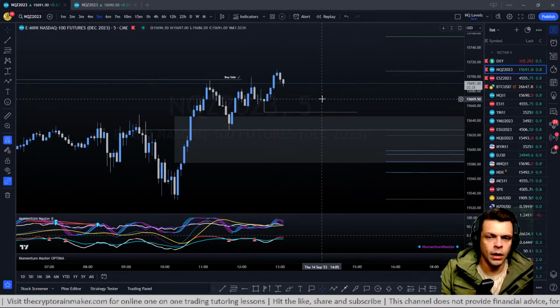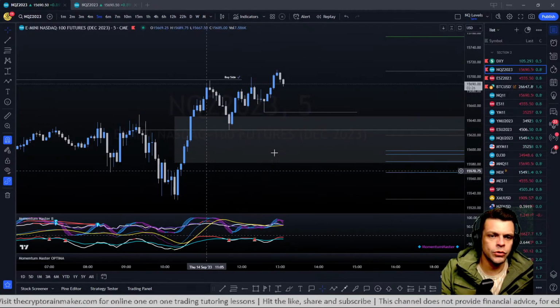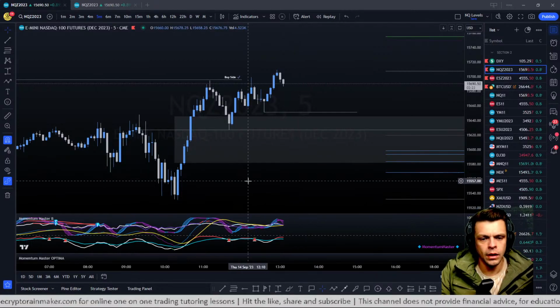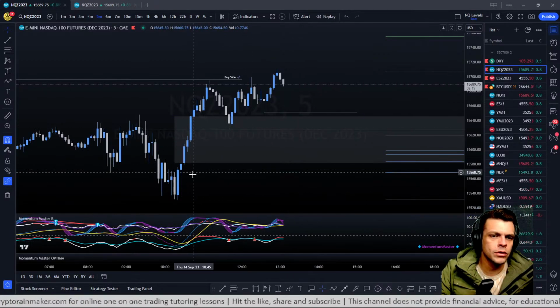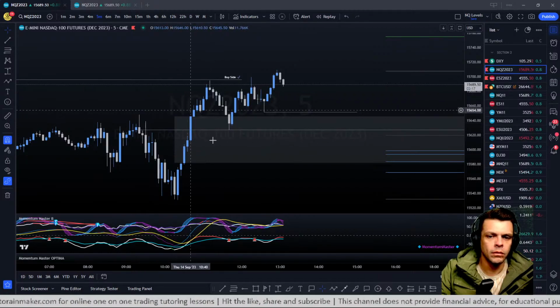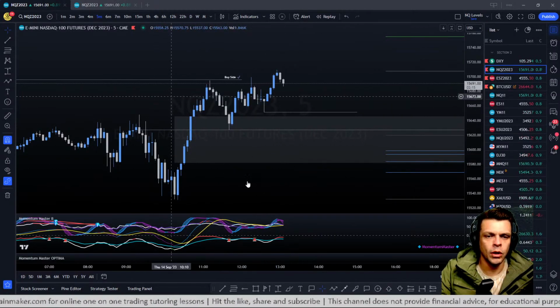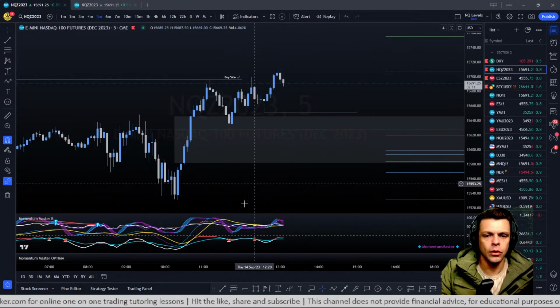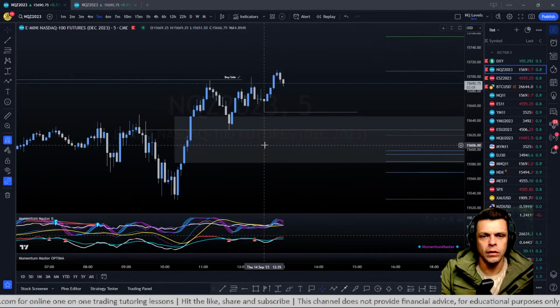Again, in the beginning of the stream we went through the New York AM silver bullet setup that I use that incorporates the move from the open to around 10 o'clock. You just monitor to see which side of the liquidity they raid, and then you look for the opposing fair value gap to enter.